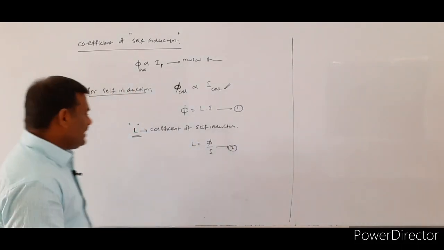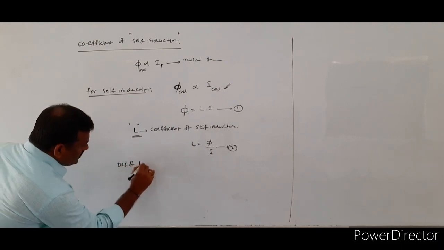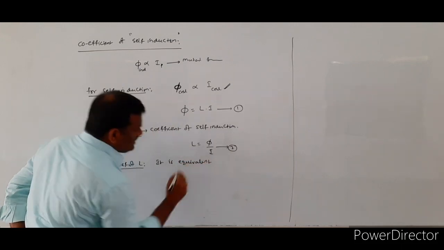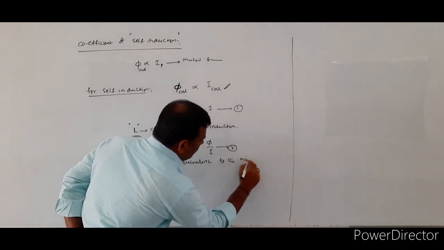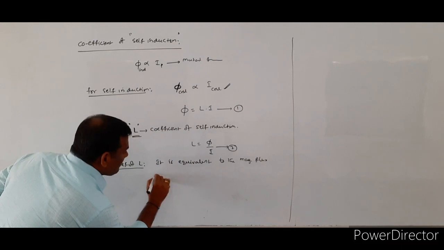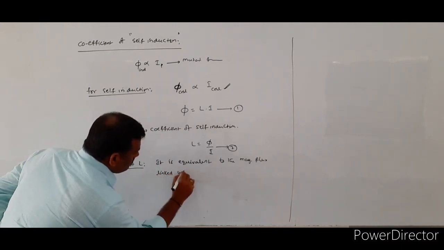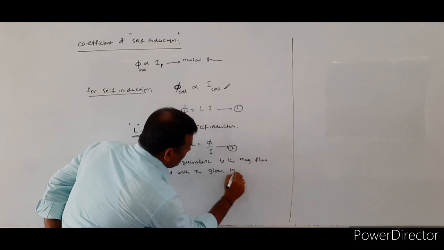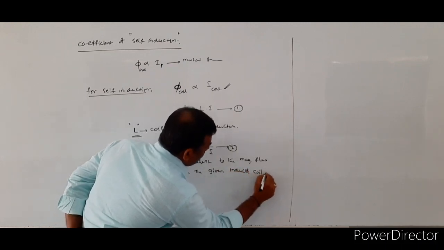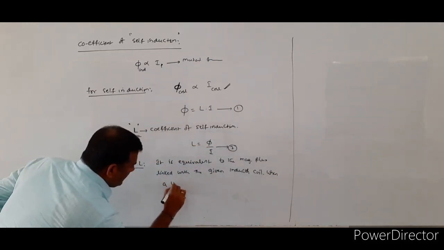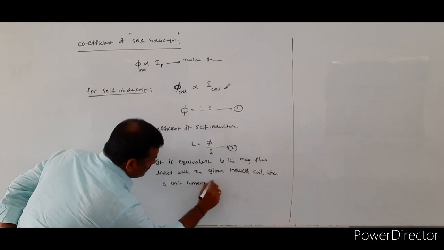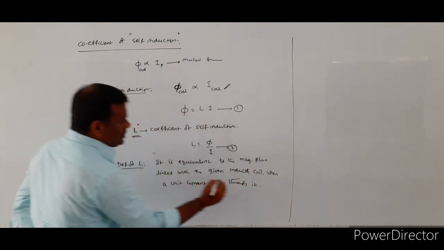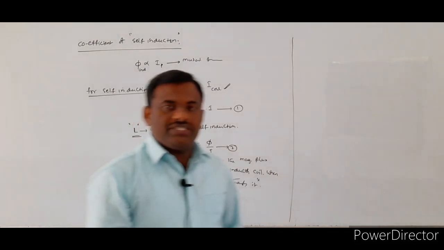See the definition of L. It is equivalent to the magnetic flux linked with the given solenoid, given inductor coil, when a unit current flows through it. So this is the definition of the coefficient of self-induction.